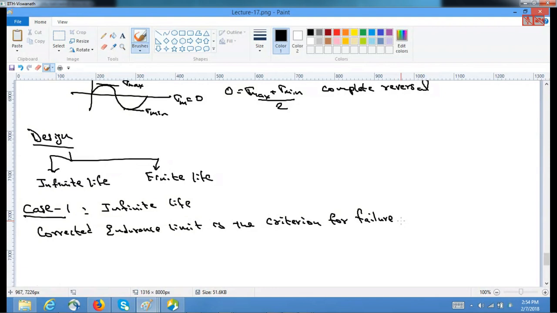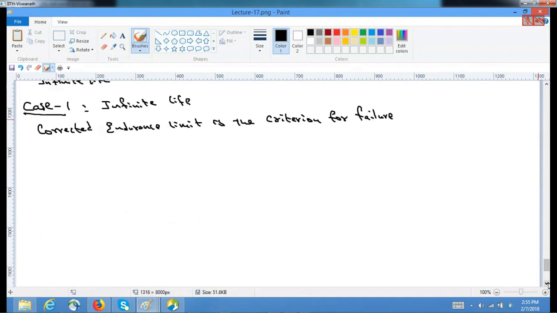Now let us understand how to design a component if it has to have a finite life. In the case of finite life, we will make use of the SN diagram, and using the SN diagram, we will show the design procedure.